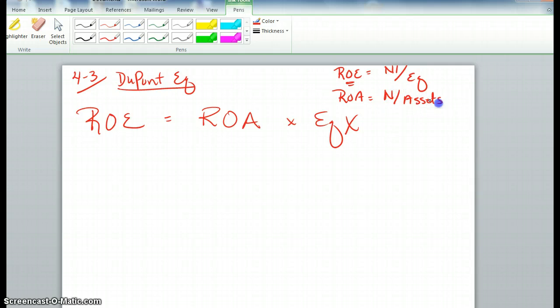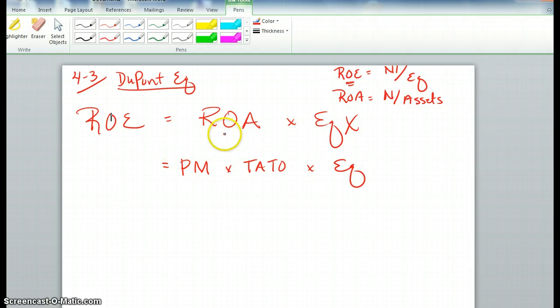Well, now they come along with this DuPont equation that says return on equity equals return on assets times equity multiplier. And the reason that is true is because they go another layer into the return on equity and say that it equals profit margin times total asset turnover times the equity multiplier.